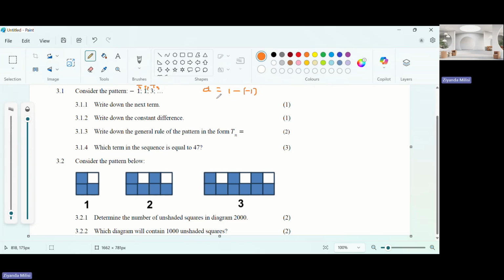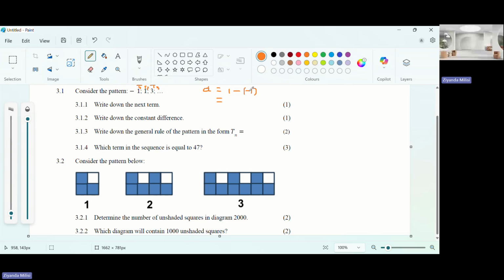You need to know how to add and subtract your integers here. Negative times negative, it's plus. So this is 1 plus 1. So the difference is 2.